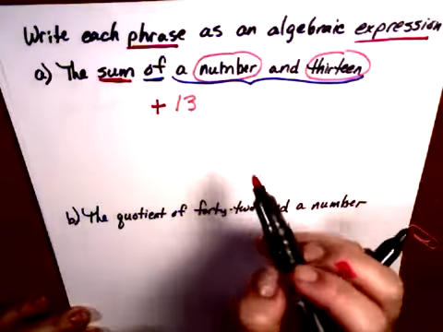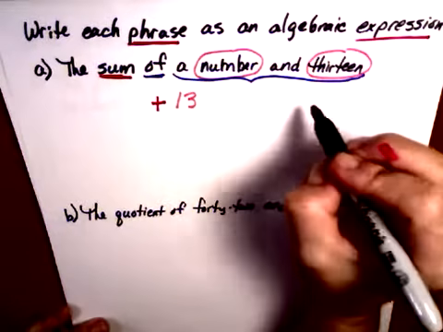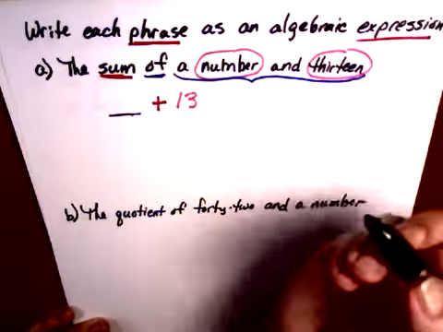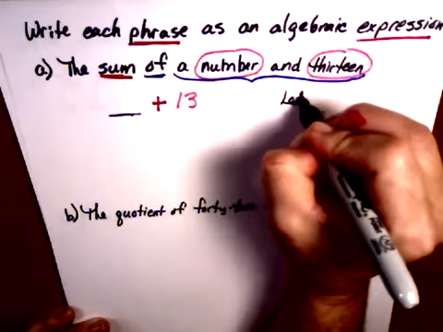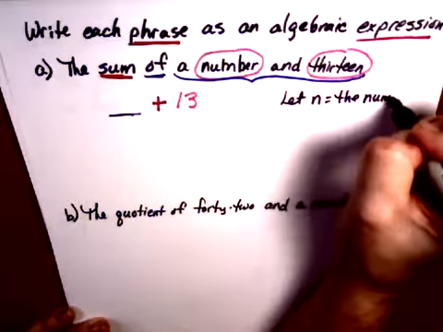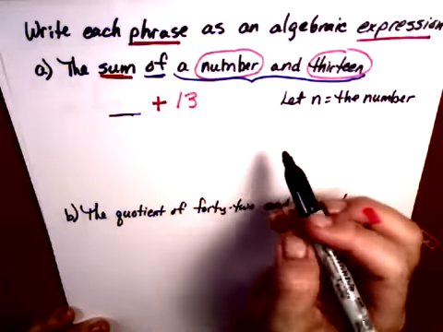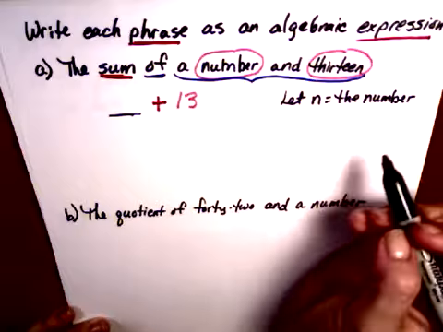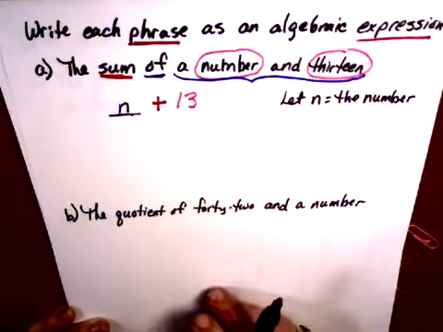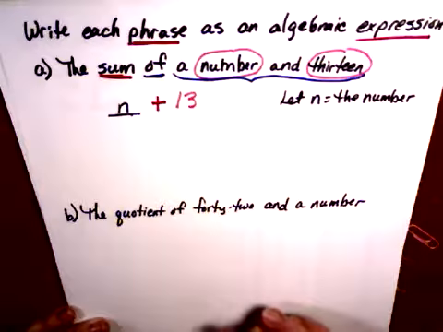The question is, what is our number? You need a variable as your number. That depends on you. Usually we let n equal the number, but you can let anything be the number: n, x, q, t, it doesn't matter. So we say n is the number, and then we have our expression for that particular English phrase.